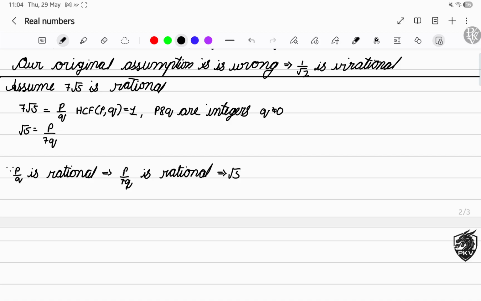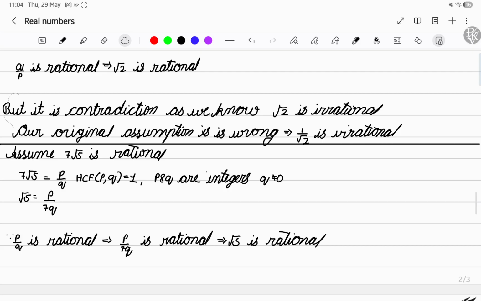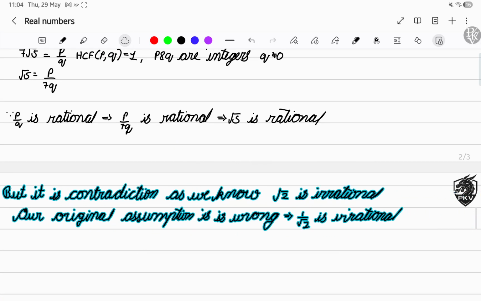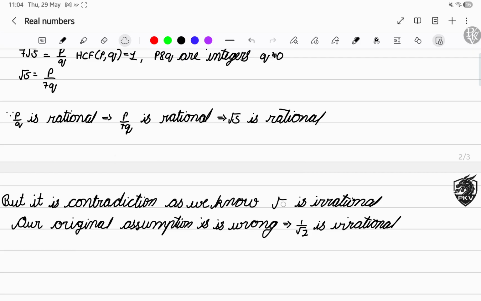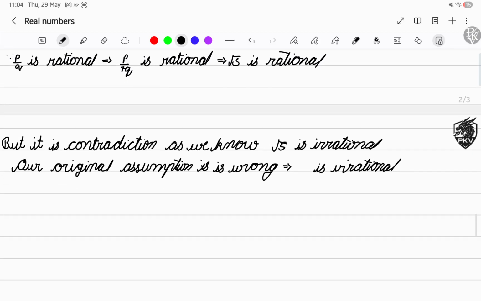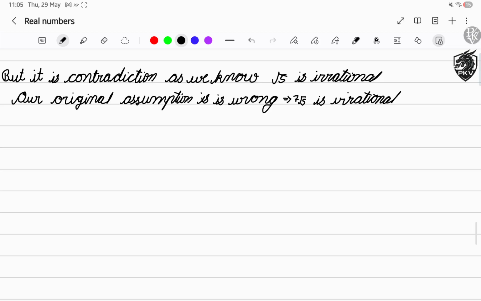That implies that root 5 is rational, but just like before, it is a contradiction, as we know that root 5 is irrational. Our original assumption is wrong. That implies that 7 root 5 is actually irrational. There are 2 more variants of this.